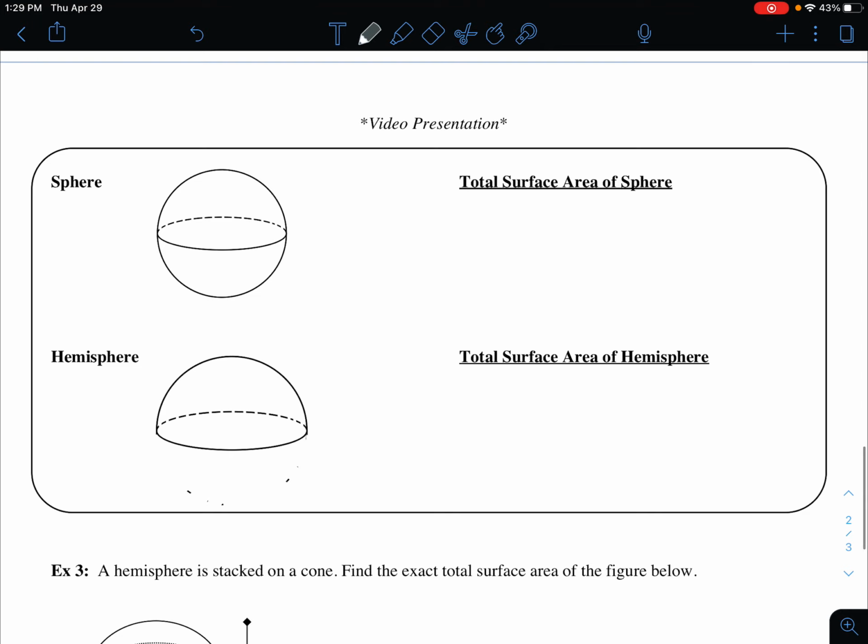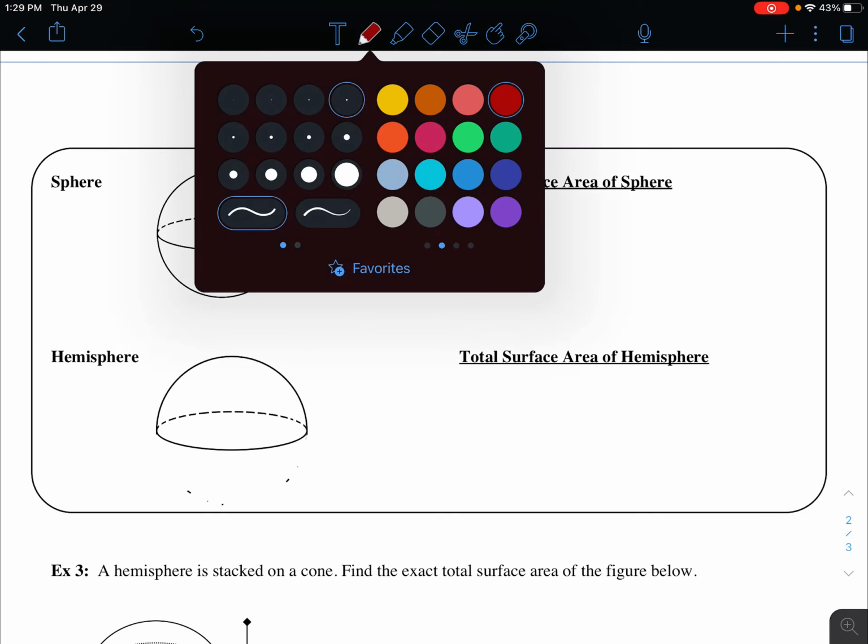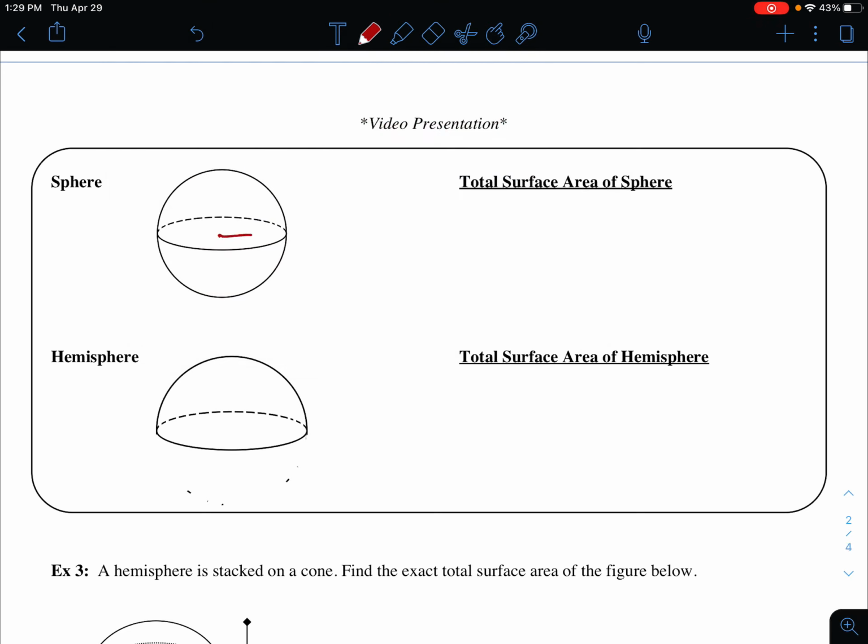And now we're going to talk about our surface area formulas for sphere. Well, based on what you learned, we should see that we have our radius of our sphere here, and that our total surface area formula for a sphere is 4 pi r squared.